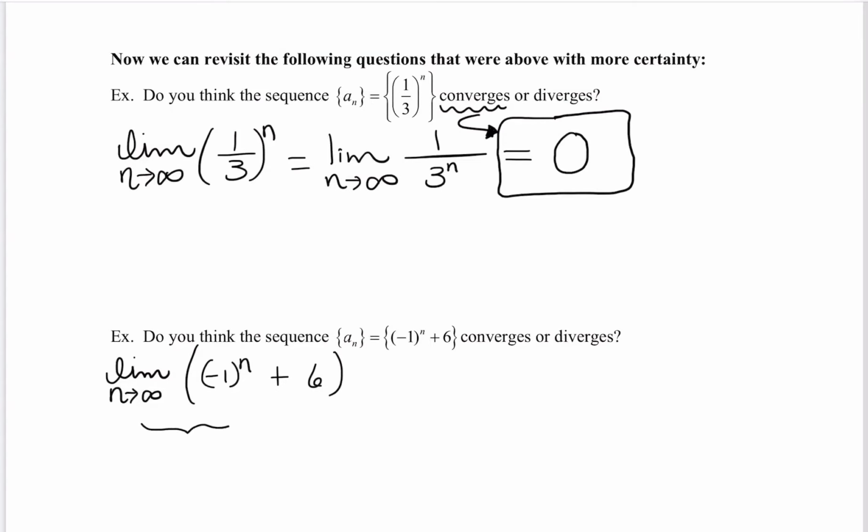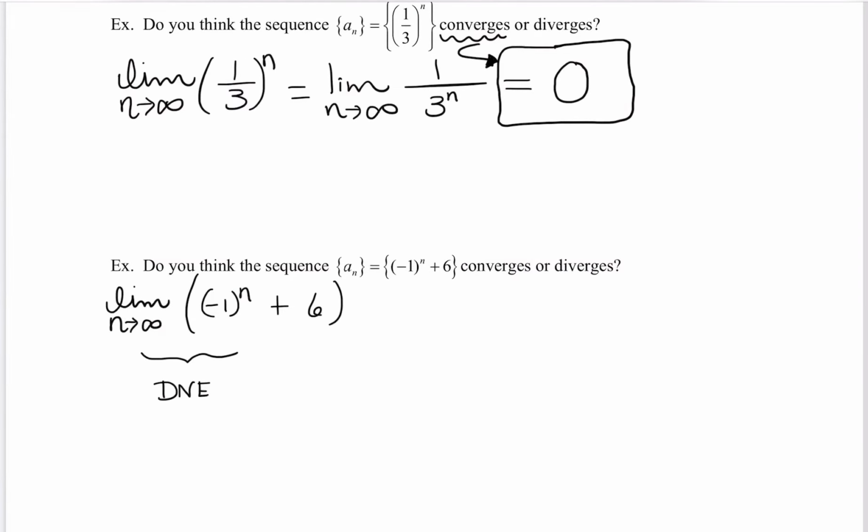So this term does not exist, and then I have plus 6 on that. So this limit is not going to exist and this is not going to converge. Not everything alternating fails to converge, but here I have something that doesn't exist plus 6, so that's definitely not going to exist.